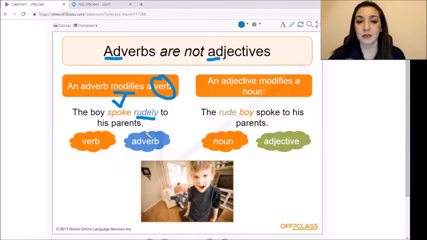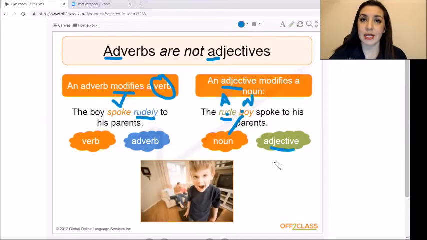And over here, an adjective modifies or adds or changes a noun. The rude boy spoke to his parents. So now the noun is boy and the adjective is rude because it's describing the boy. So that is how adverbs and adjectives are different.